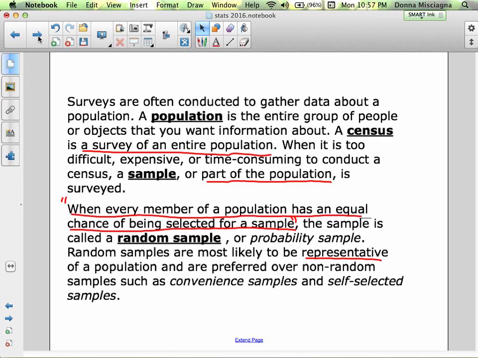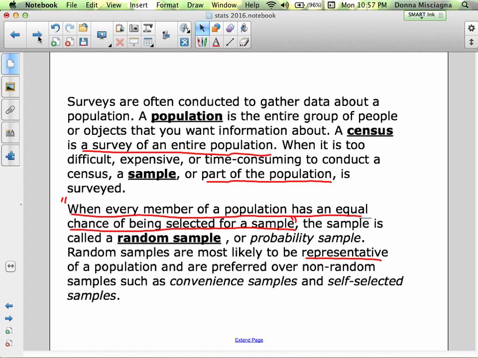And by the way, write in the word representative next to random sample. You want your sample to represent your population. Otherwise, the information that you get is not very accurate, and it doesn't provide you any new information. Non-random samples include convenience samples and self-selected samples.